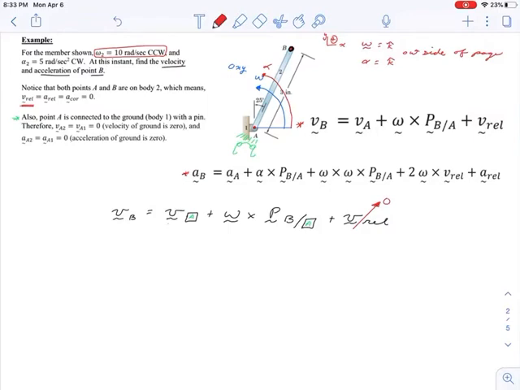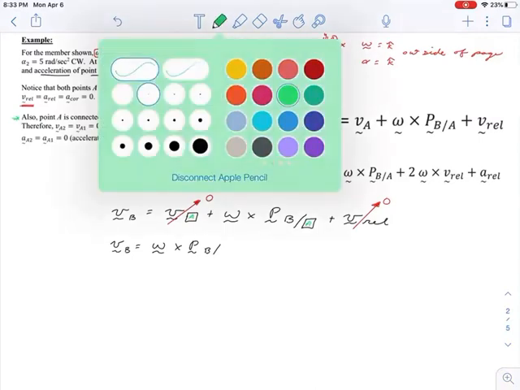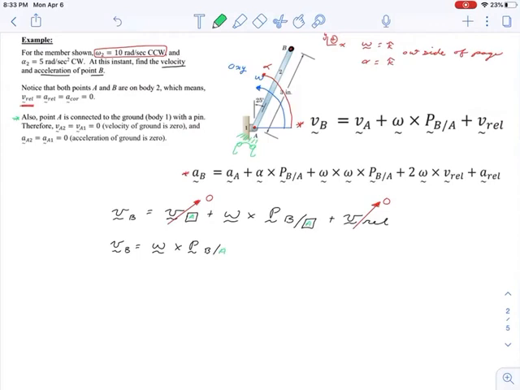And we just said that point A is connected to the ground, so that has 0 velocity. So now we can conclude that the velocity at B is equal to the angular velocity cross the position vector B relative to A.